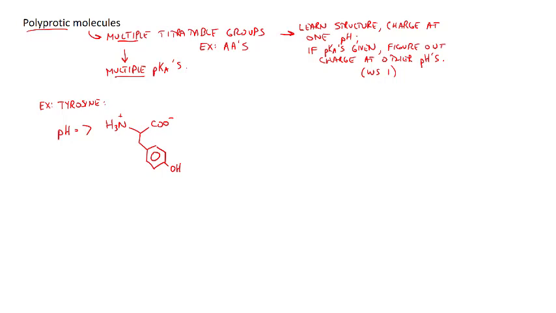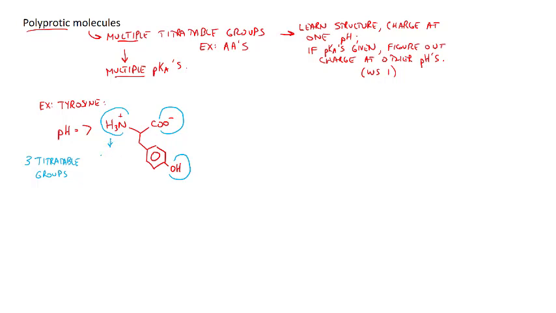So typically what would happen is I would give you pKa values. So tyrosine has 3 titratable groups. This one up here, this one here, and this OH down here.